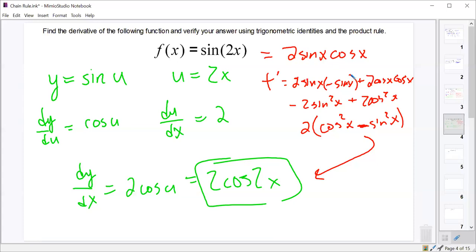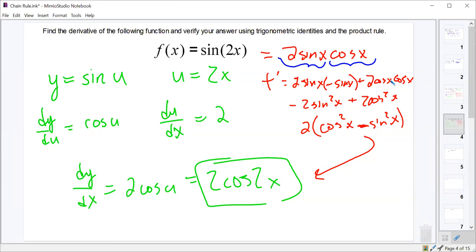So I treated it as if my u was 2 sine x and my v was cosine x. So u times the derivative of v, plus the derivative of u times v, right? The derivative of 2 sine x is 2 cosine x. Does that make sense or no?